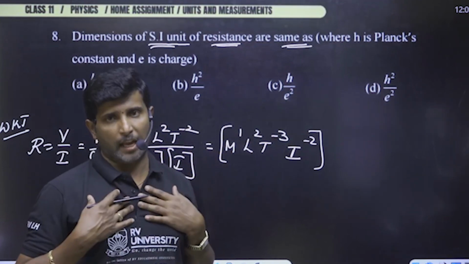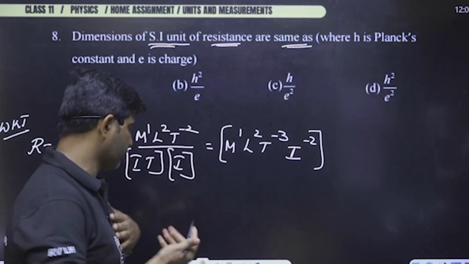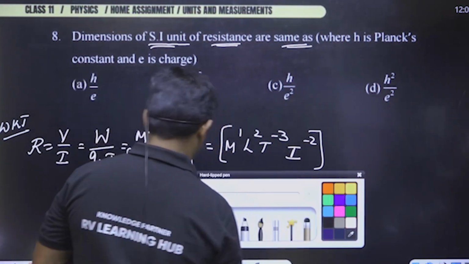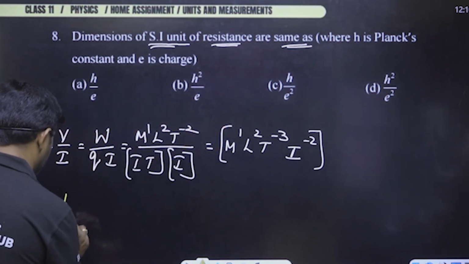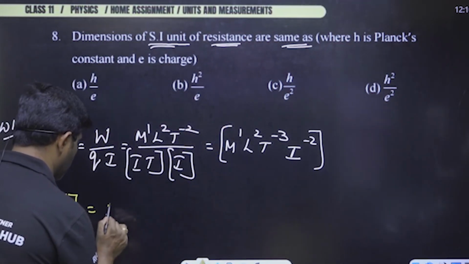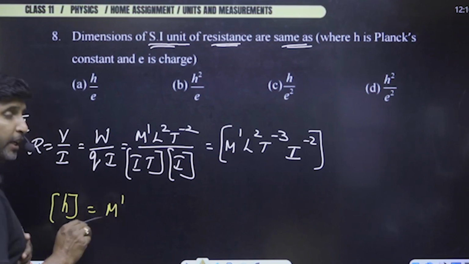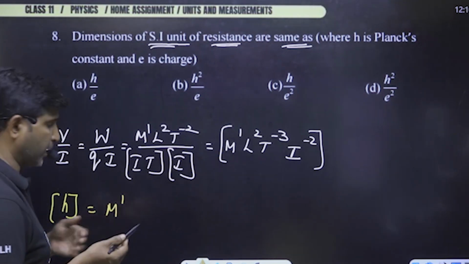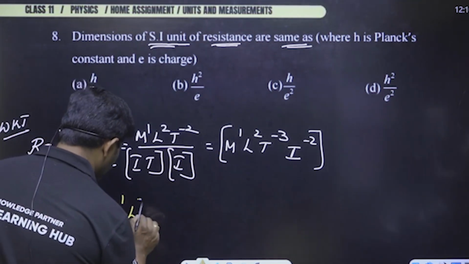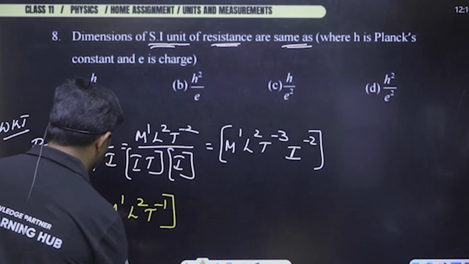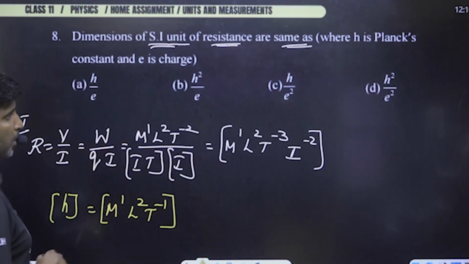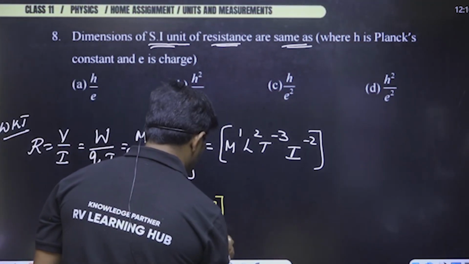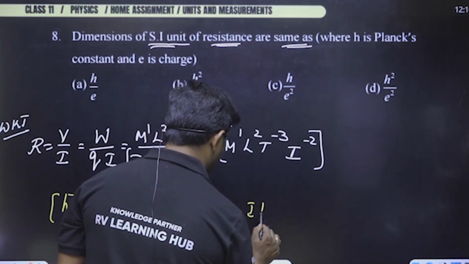We have to calculate. Okay. So how can we say this here? We know that the dimensions of the Planck's constant, whose unit is joule second, is M power 1, L power 2, T power minus 1. And what is electronic charge? Electronic charge is nothing but current into time.